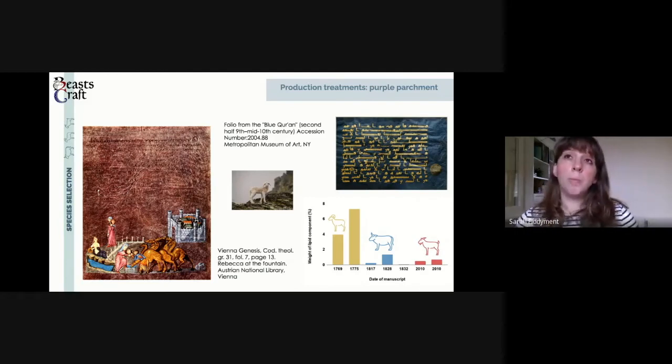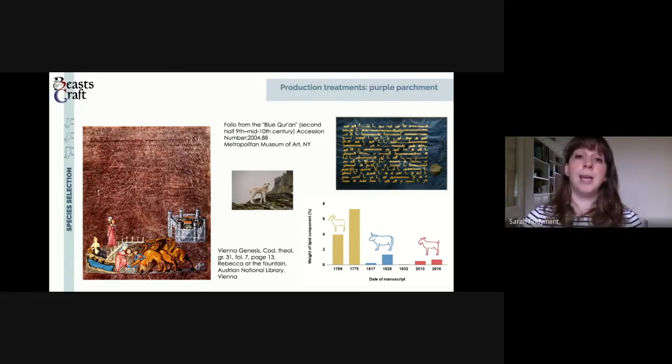And this is important because if you are dyeing the parchment, having lipids or these fats means it's going to retain the dye in a much more efficient way than if it doesn't. So it could be a deliberate choice to be using sheep parchment for dyeing in these colours because of that fatty nature of the sheep. It's going to acquire that dye and keep the dye in a much more efficient way than if you used any other animal.